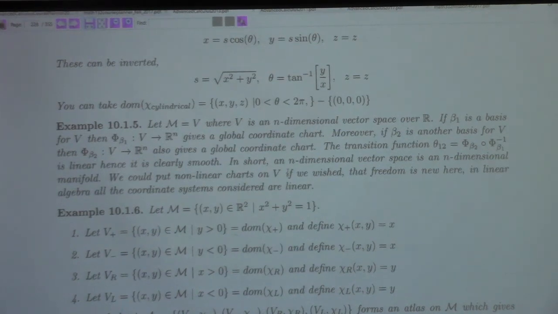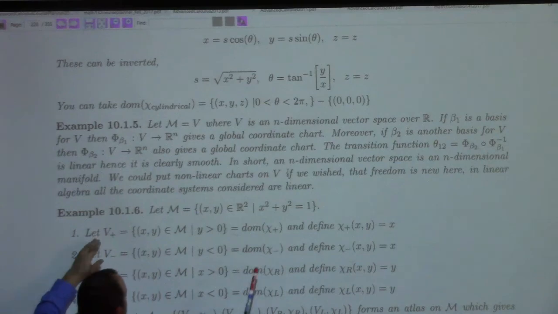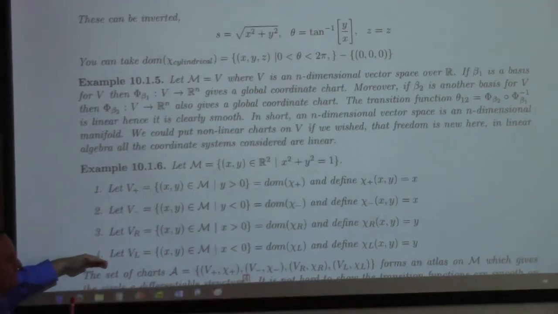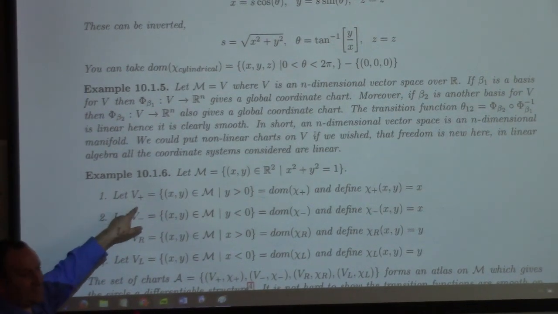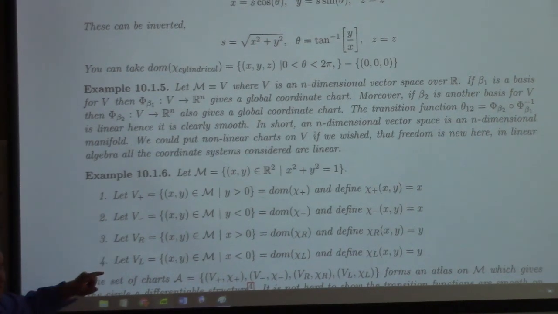Now here's the example that you really want to see. Here's a circle, and this is a system of charts which covers the whole circle carefully. The upper half, the lower half, the right half, the left half.